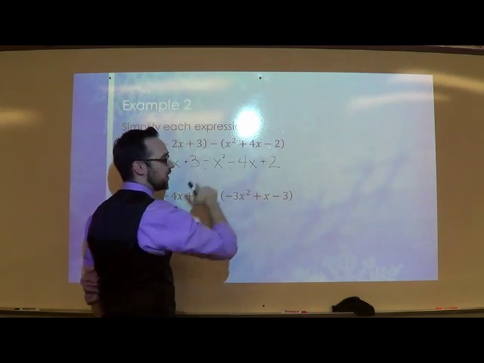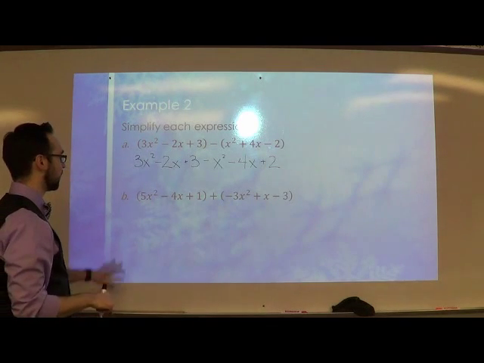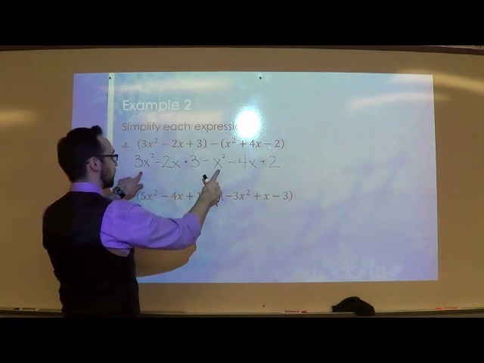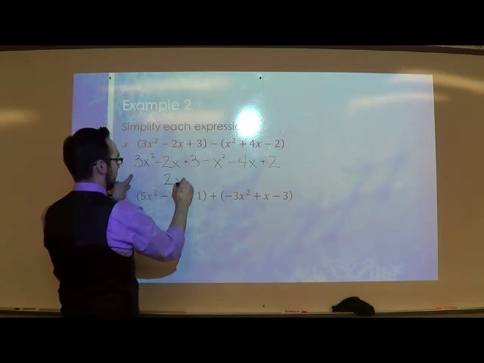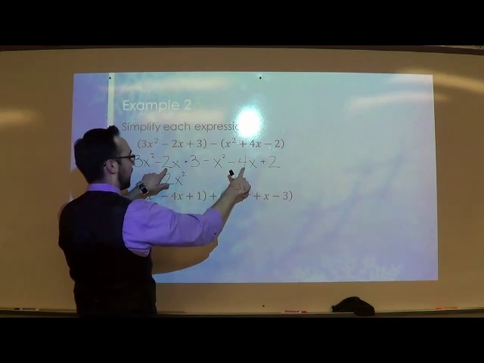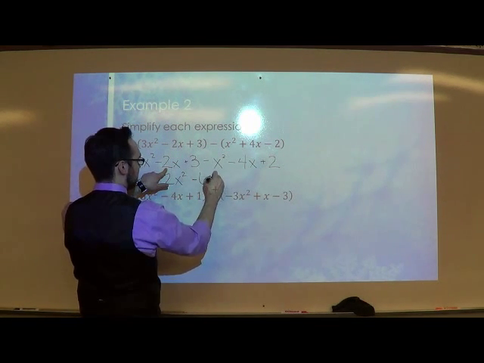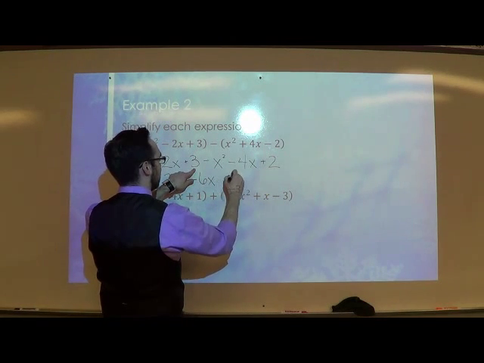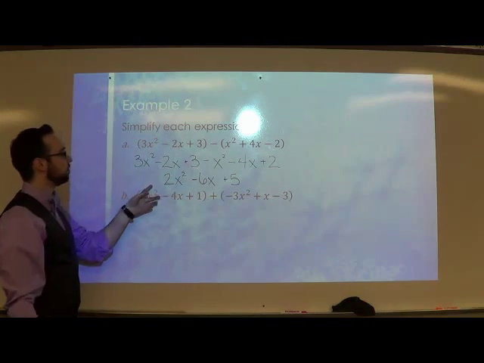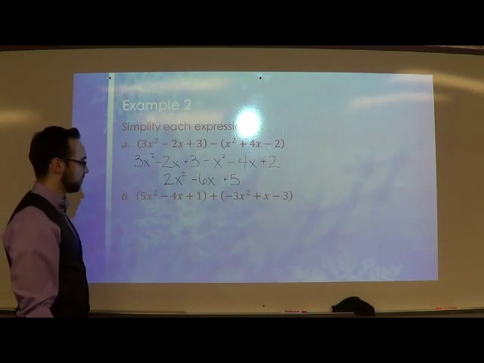I changed the sign of all those signs in the middle. And now I combine like terms. 3x squared minus x squared is 2x squared. Negative 2x minus 4x is minus 6x. And 3 plus 2 is 5. And that's it. We just subtracted those two polynomials.